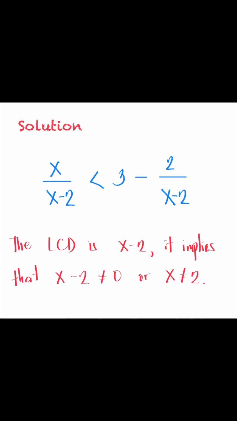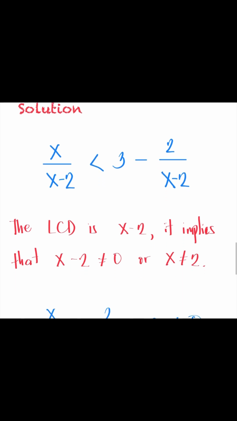Take note that the LCD is x minus 2. It implies that x minus 2 is not equal to 0, or x is not equal to 2. Now, let us transpose all the given terms to the left side of the inequality and let the right side equal 0.